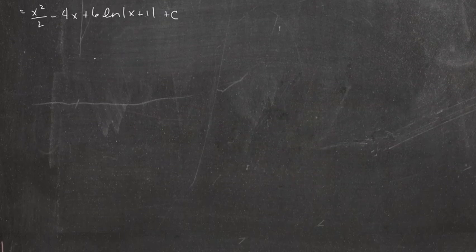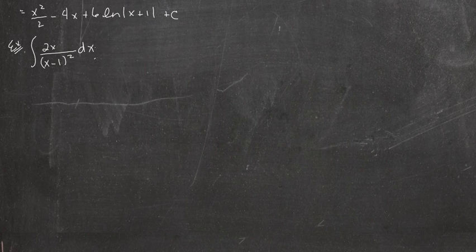All right, and then the last example involves having to change a variable. So if we're looking at 2x over x minus 1, and the quantity is squared, dx. So if I do a substitution on this, I'm going to have u equals, clearly, x minus 1 squared. And so du then is 2 times x minus 1 dx.